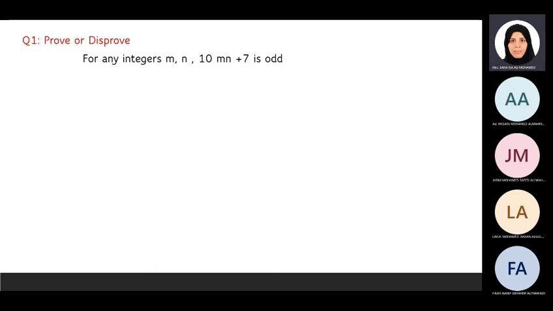If I cannot find any such 2 integers, then it looks like this is a true statement. Now, to say it's true, you have to check every element in the domain, but actually the domain is infinite. How can I check every one? That's why we go for a proving method.